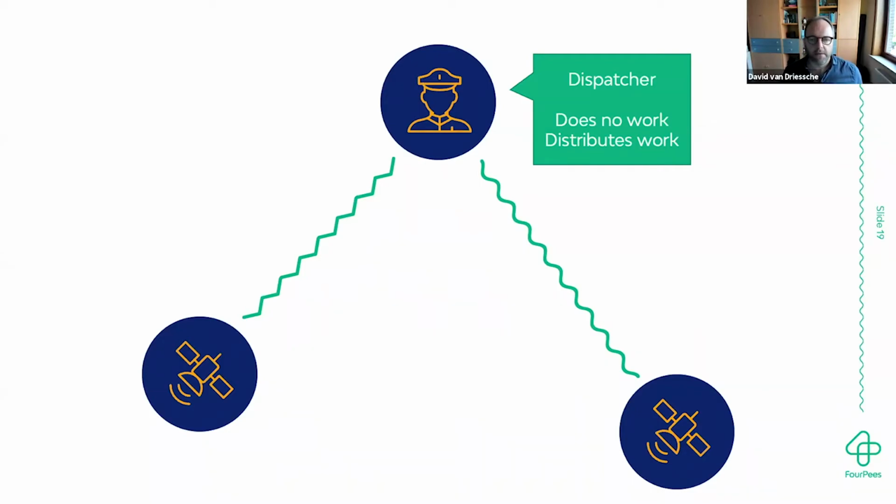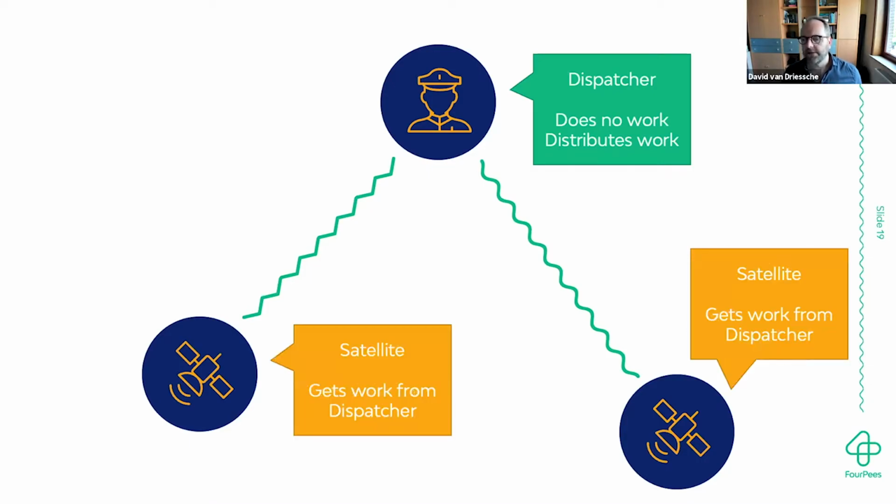And the dispatcher is a traffic cop. It does no work. I don't want to imply that traffic cops do no work, but they don't process files. So this license doesn't process any files. It just looks at the work that comes in, and it distributes the work across multiple satellites.